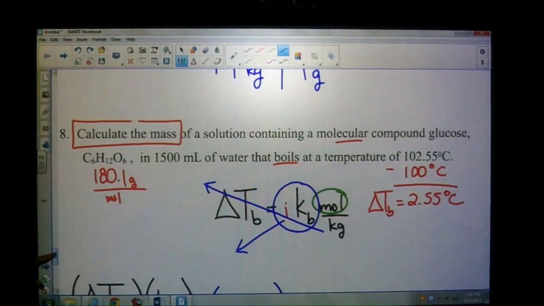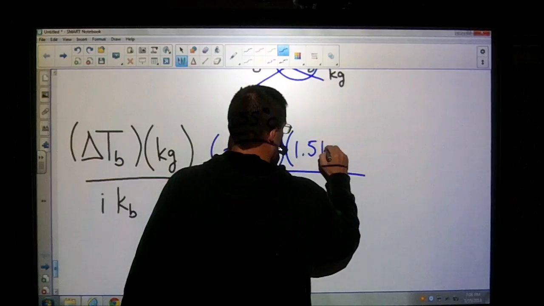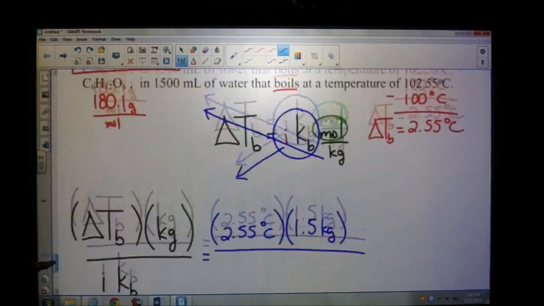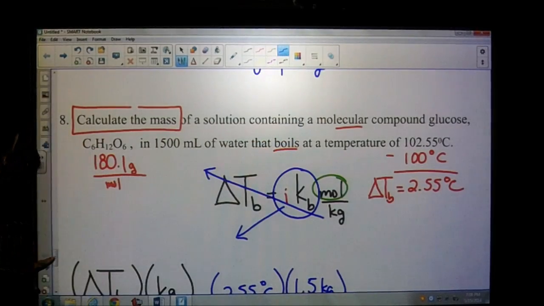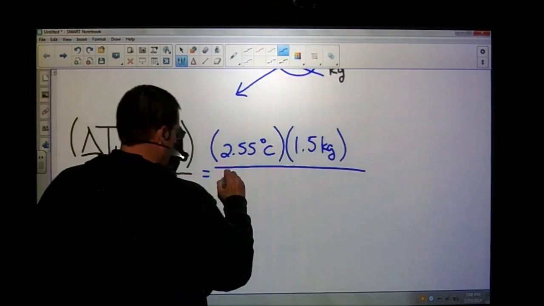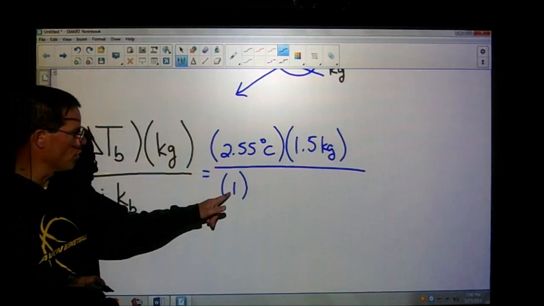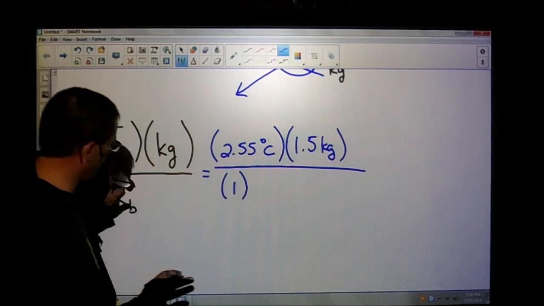So 1.5 kilograms. My i, easiest part. Molecular, 1. So my i value is 1. And there is no unit with the Van't Hoff factor. It's simply a multiplier. So don't feel bad that you're not putting a unit on, because there isn't one.